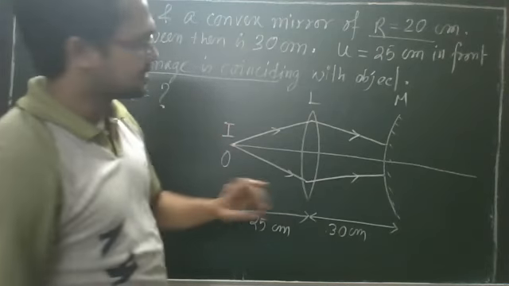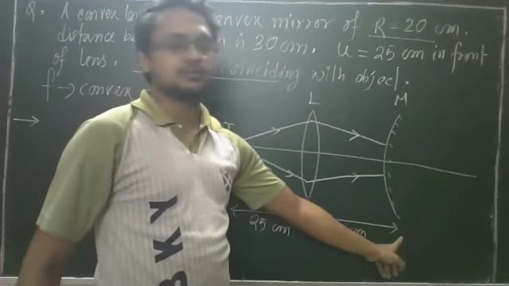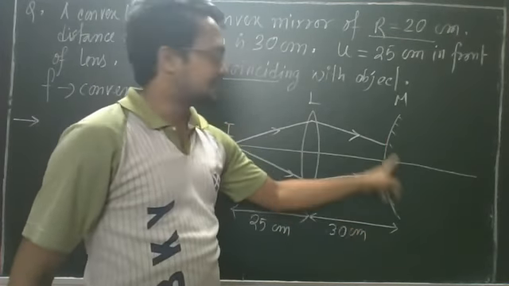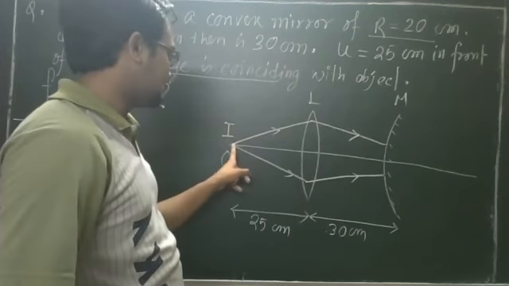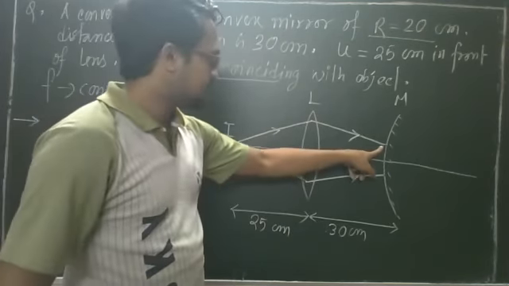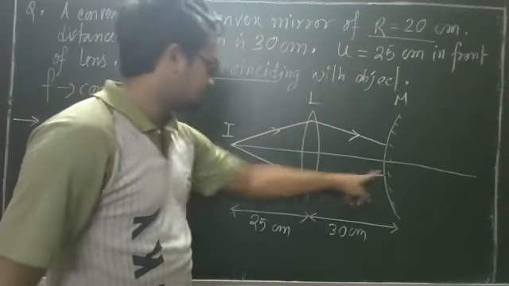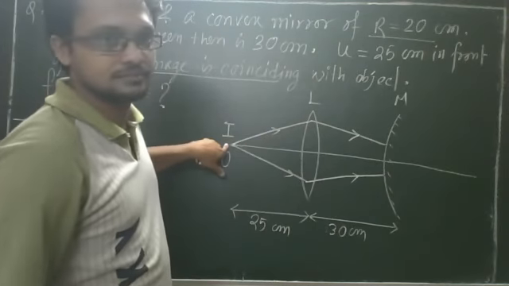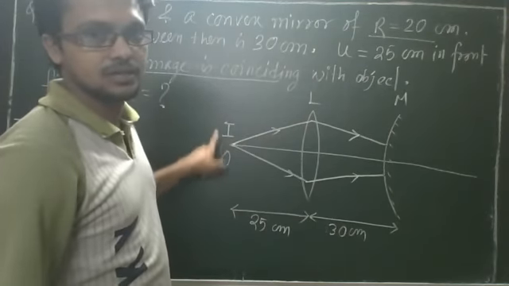The rays after reflection from this mirror will take the same path and return back, so that object and image coincide.